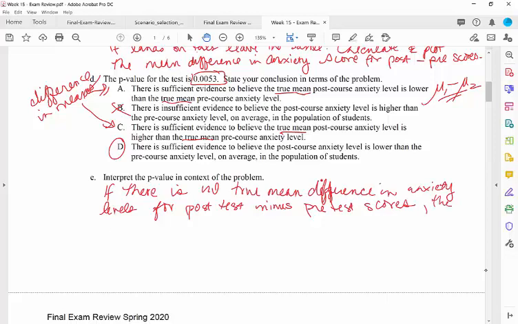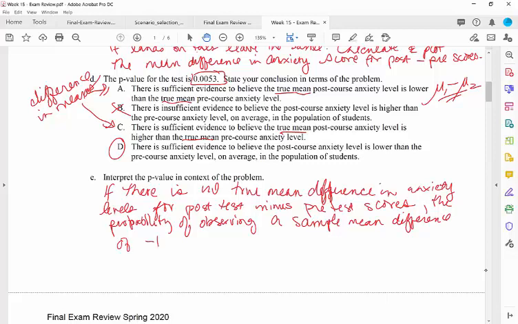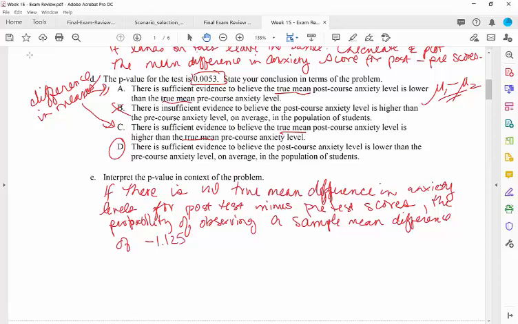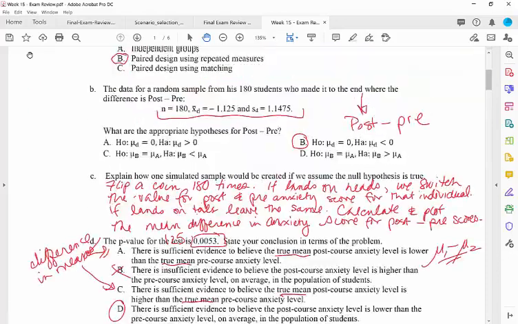the probability of observing a sample mean difference of negative 1.125. Let's go talk about where that came from really quick because we didn't really calculate it here.